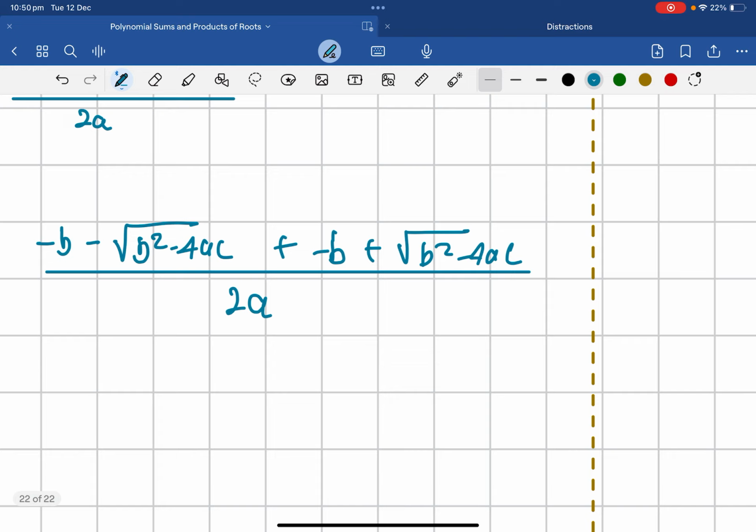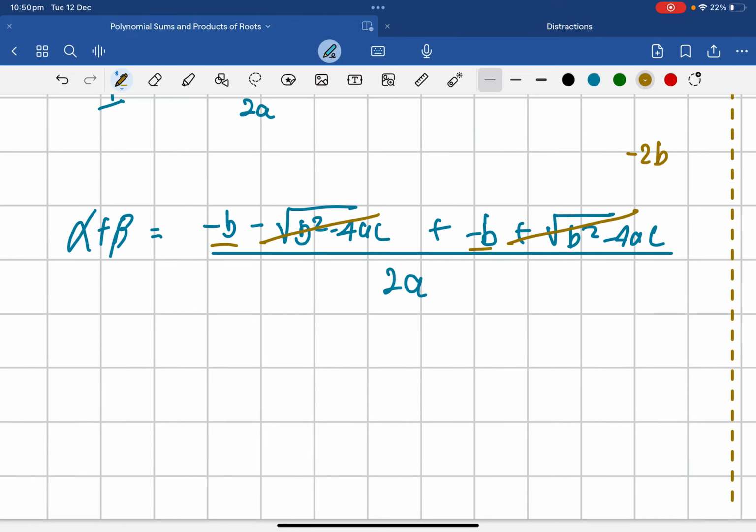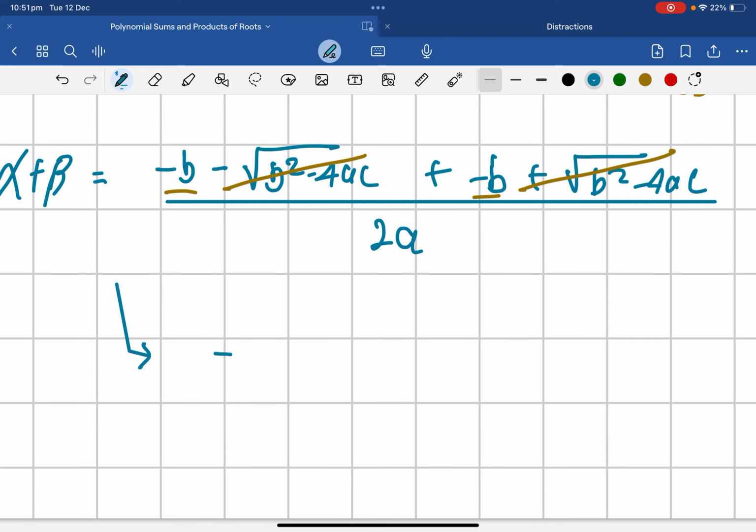So what do you see here? What can you cancel out? That's all you're looking at, really. Well, there's a minus b and there's a minus b, so that's minus 2b immediately. Then this is a minus, this is a plus, so the root terms cancel out. So all you're left with is minus 2b over 2a, where the twos just get cancelled out, and that is equal to minus b on a.